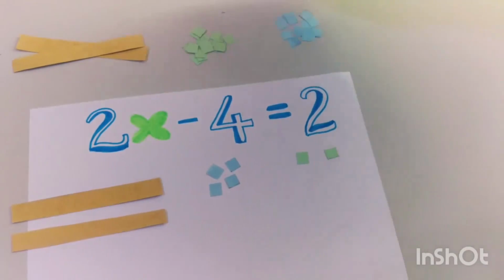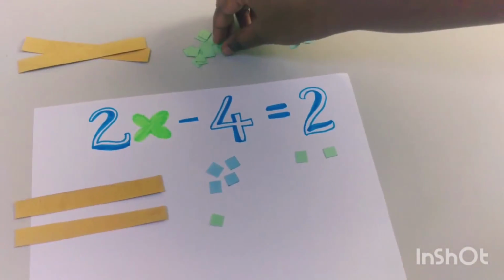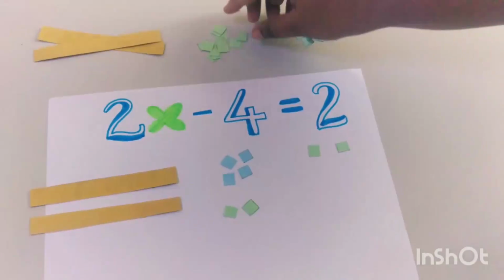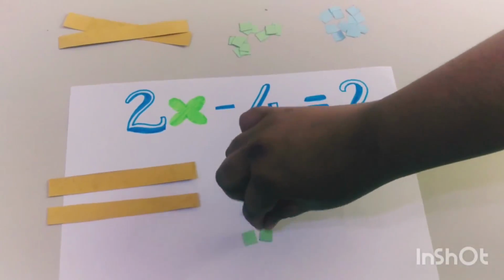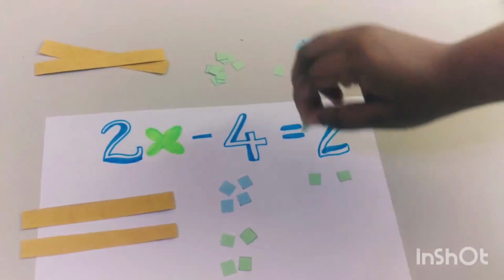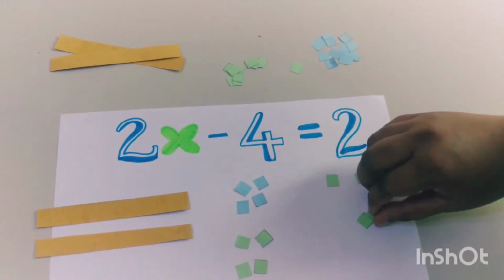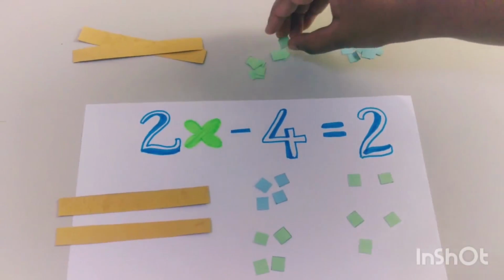Since it is plus 4, I am going to use green squares. Now I'll add 4 more green squares to the right side. 1, 2, 3 and 4.